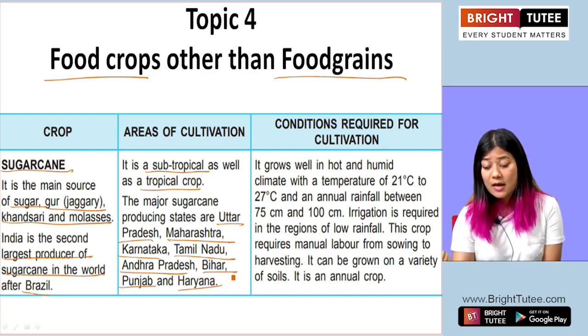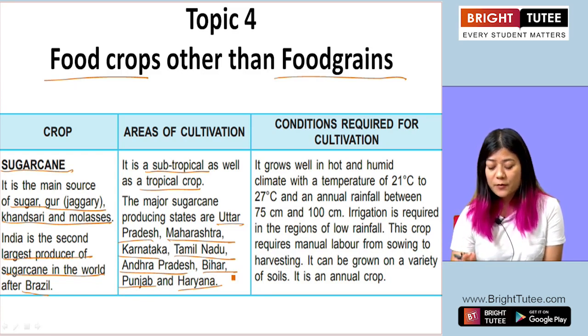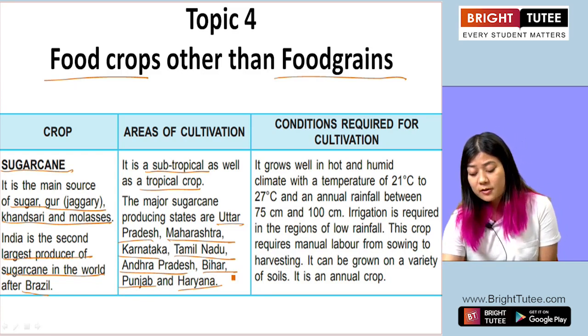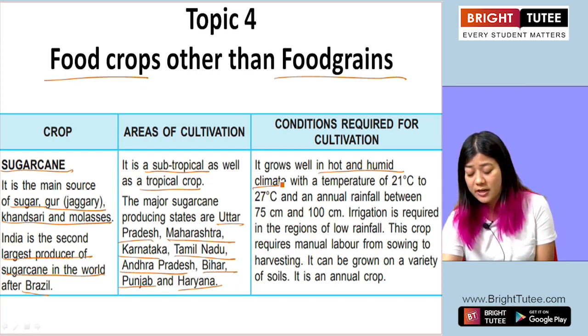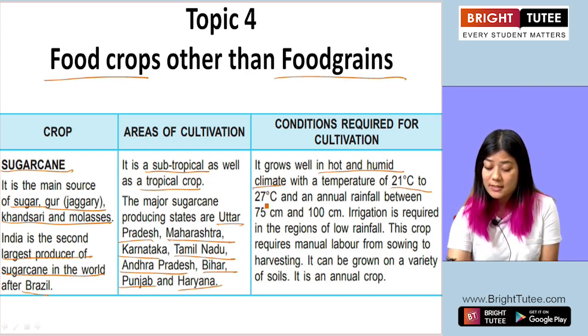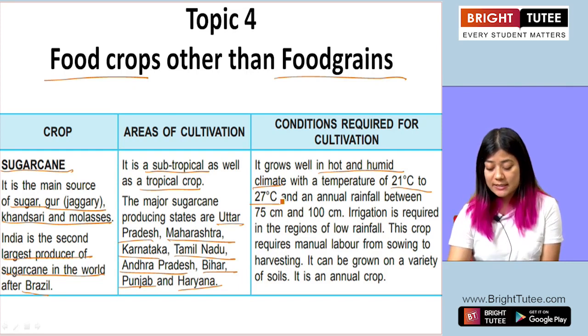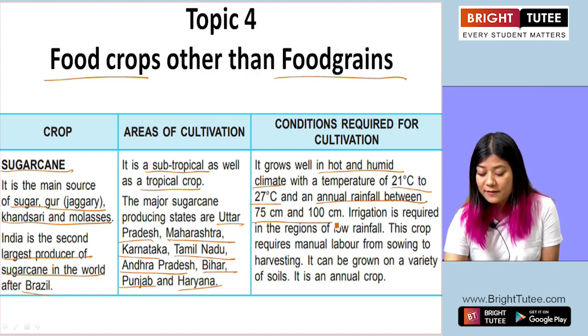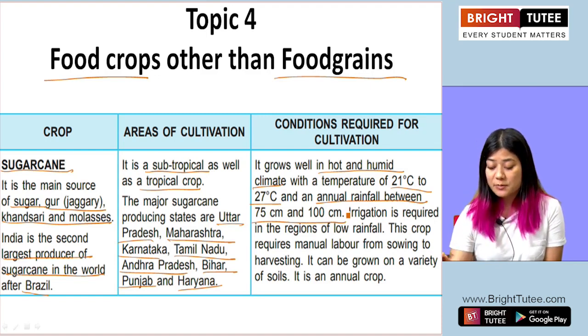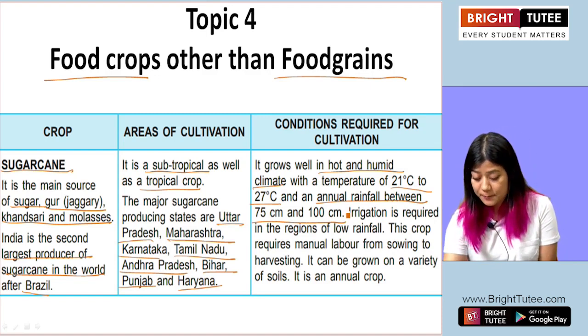Now let's see the conditions that are required for its cultivation. Sugarcane grows very well in hot and humid climate with temperature ranging between 21 degrees Celsius to 27 degrees Celsius and with annual rainfall between 75 centimeter and 100 centimeter.